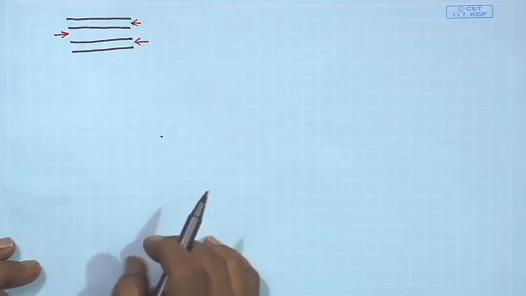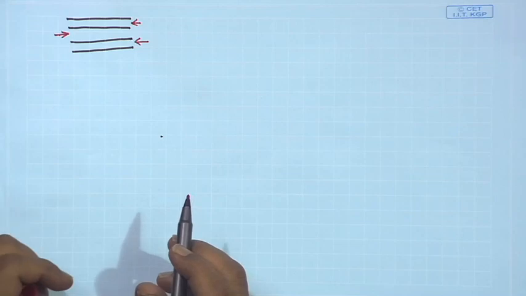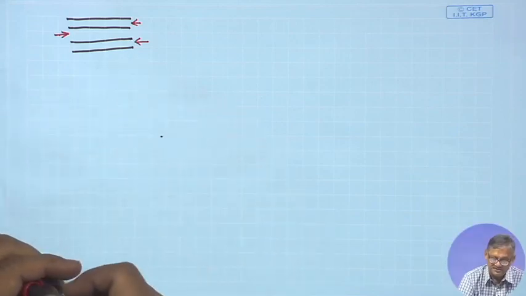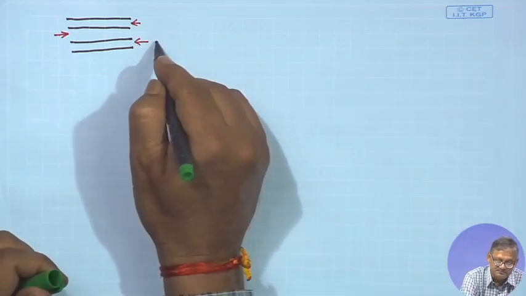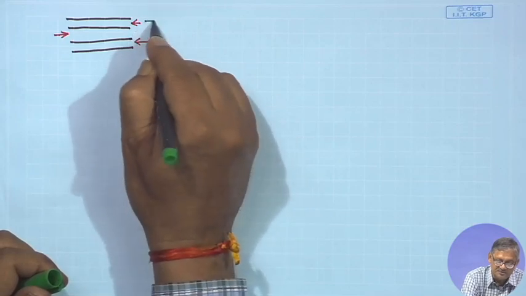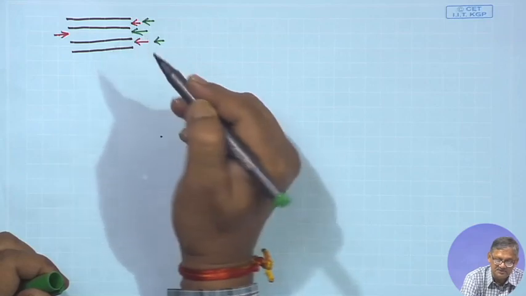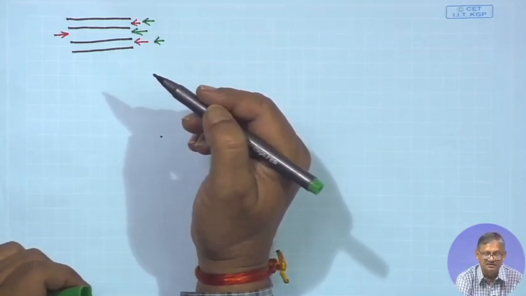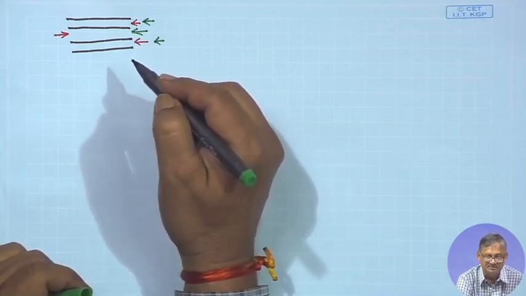Of course, when you come across heat transfer, you will see that counter current is more effective than co-current. Had it been like this, this is also moving this way, this is the annulus and this fluid is also moving this way, then it would have been parallel, right? So parallel is less effective than counter current.